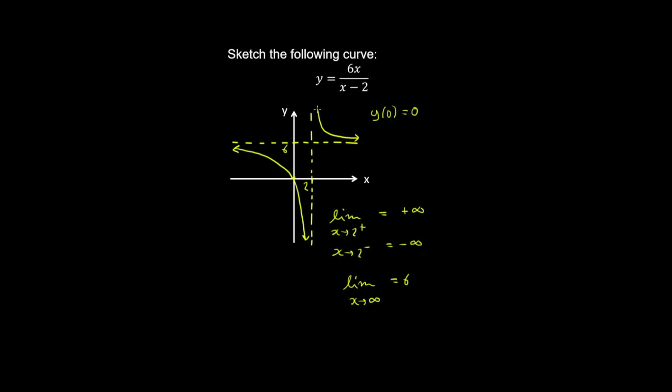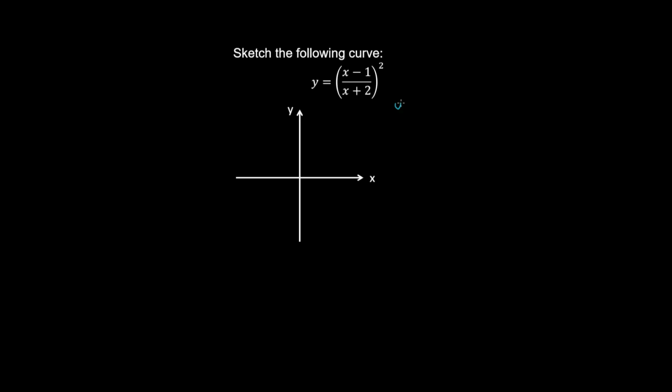Let's sketch the following curve. So y of 0 is 1/4. So that's the y-intercept. And if we set y equals 0, then x equals 1. So we have the x-intercept at 1.